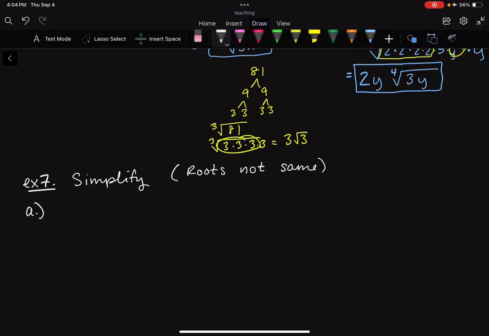Part A, I'm going to do the cubed root of 2 times the square root of 3. B, I'm going to do the cubed root of y times the 4th root of 2y. And part C, have the square root of the cubed root squared.